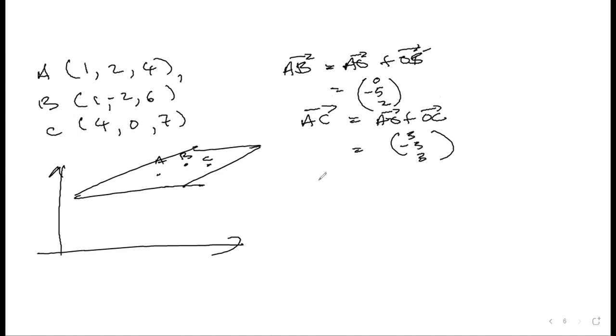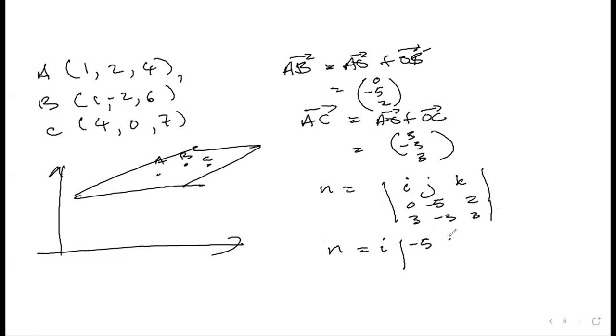Then I do the cross product of both of them in order to find the normal. So that would work out to that determinant, minus that, plus K with 0, negative 5, 3, 3.